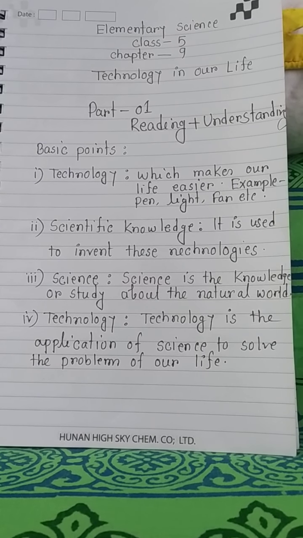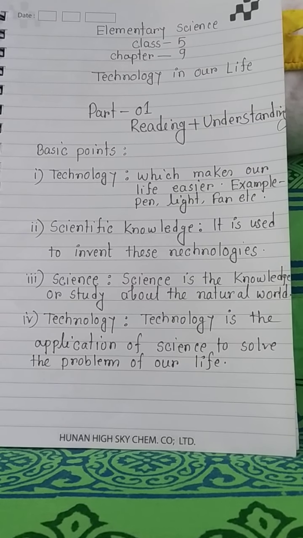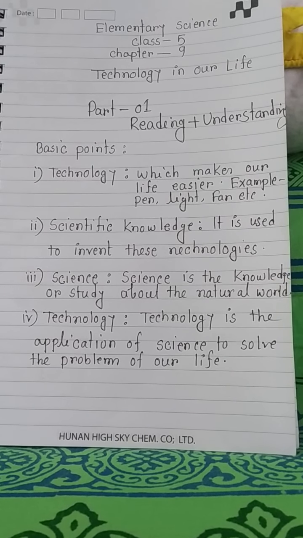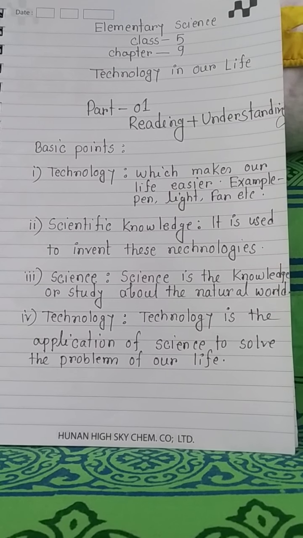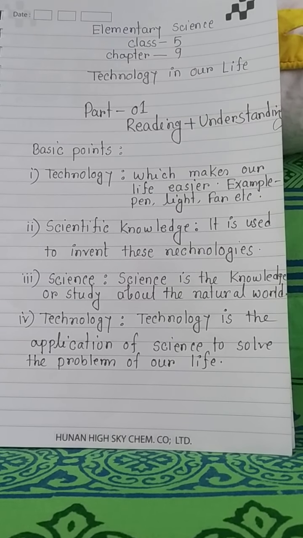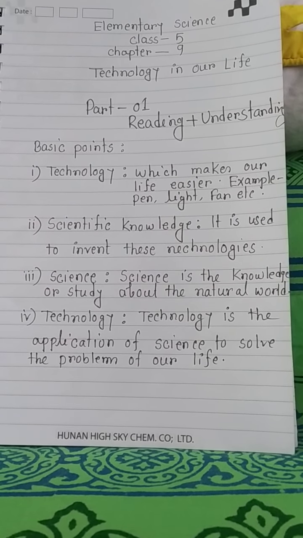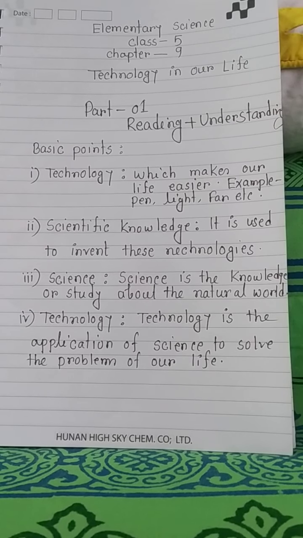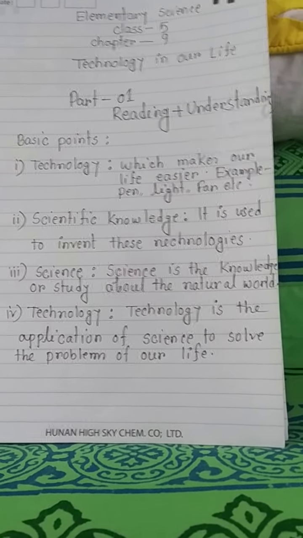Science is the knowledge or study about the natural world, that means natural world study is related to science. Then technology. Technology is the application of science to solve the problems of our life. That means technology helps to solve the problems of our life and makes our life easier.